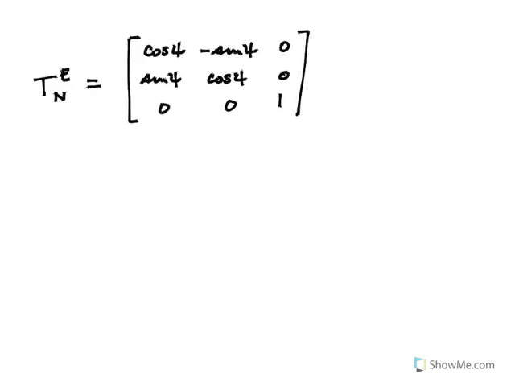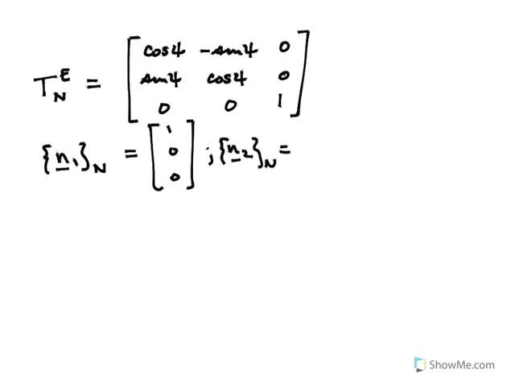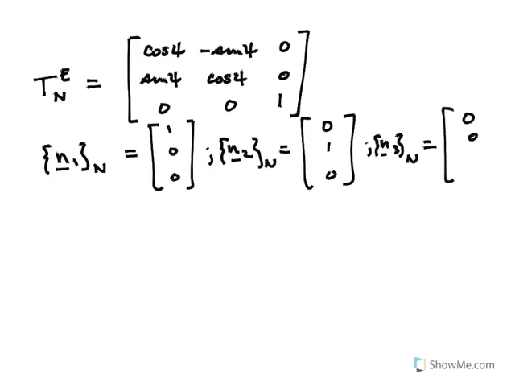Now, to see that this is in fact the transformation from n to e, because it might be a little confusing, let's do it once, and you'll see that the pattern repeats for the other two rotations. n1 expressed in the basis n is just equal to 1, 0, 0. n2 expressed in the basis n is equal to 0, 1, 0. And n3 expressed in the basis n is equal to 0, 0, 1.